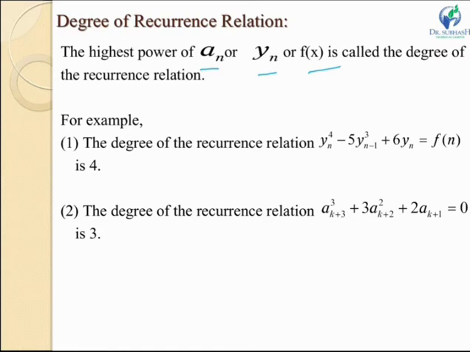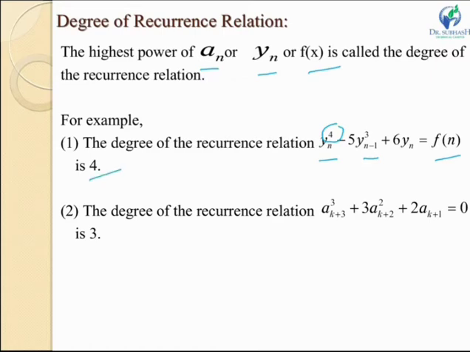For example, if I consider the recurrence relation as yn raised to 4 minus 5 yn minus 1 cube plus 6 yn equal to f of n, where f of n is a function of n, the highest power over here is 4. So the degree of the recurrence relation is 4.